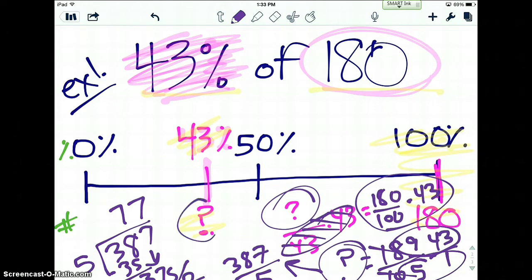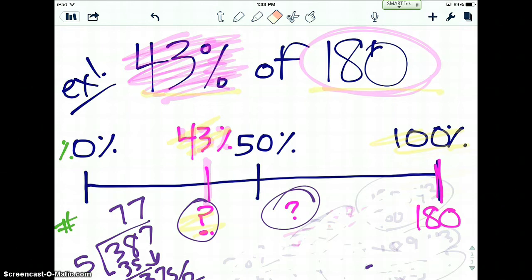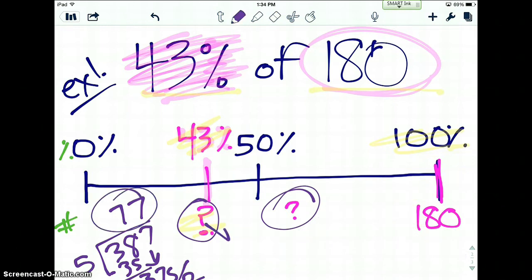So my question mark value is 77, and what left over? 2 out of what we divided by 5. So 43% of 180 is 77 and 2/5.